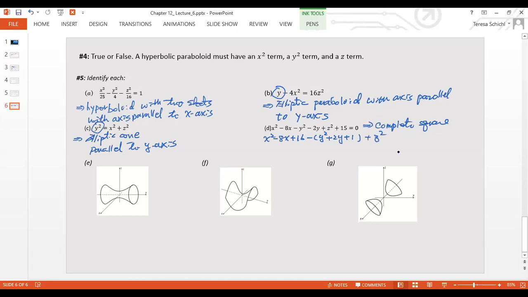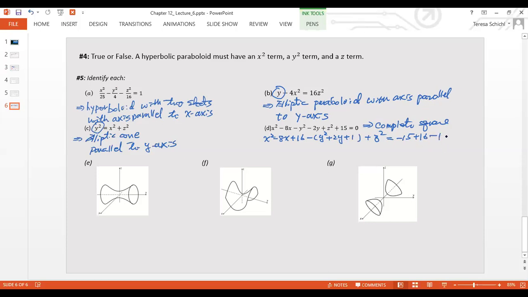This one is negative 15, so I need to add 16 here, and this is a minus 1, so I need a minus 1 here.